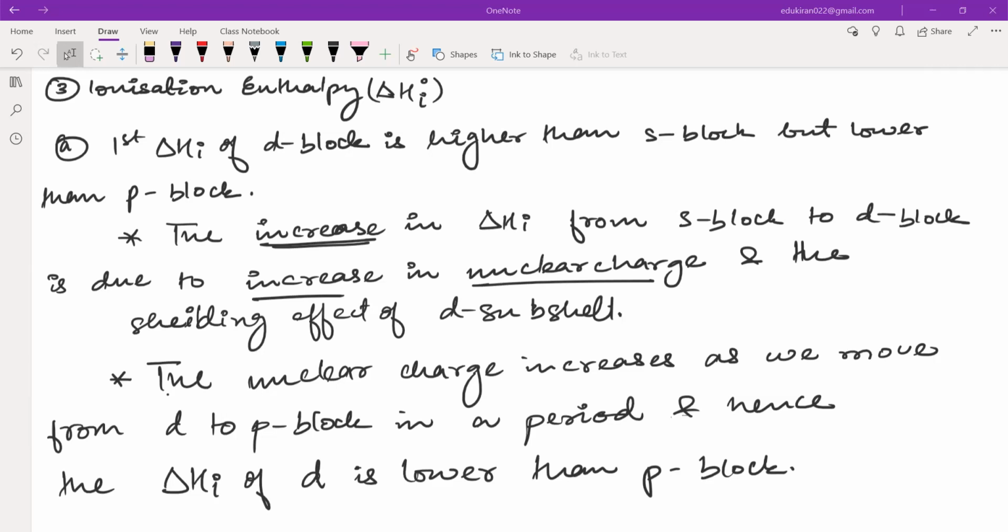Done, sir. Everyone done? Yes or no? Yes, sir. Okay. Let me just get the values here, the data values. Then we will talk about the trend.